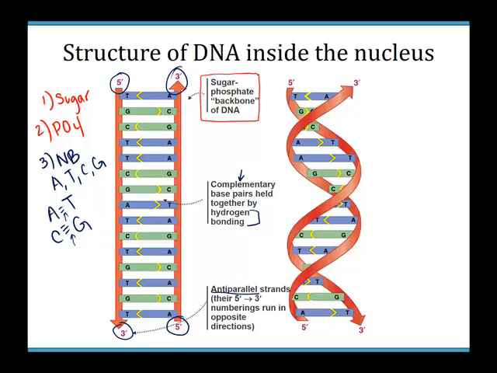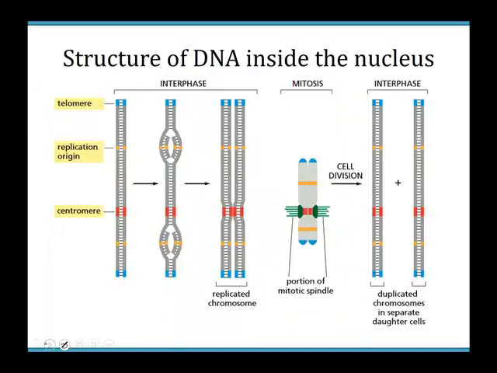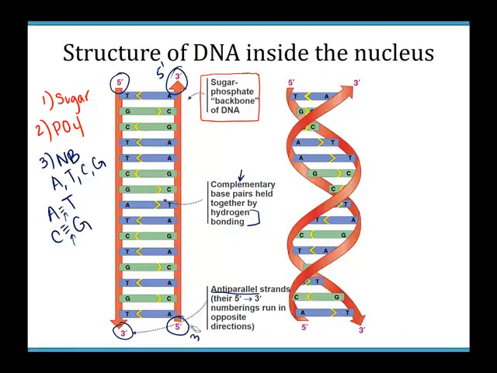If it were parallel, there'd be a 5 up here and a 3 down here, but it's not parallel. And again, this is due to how the hydrogen bonds have to match up. We have to have the right angles right here in order to get the nitrogenous bases to properly hydrogen bond, and in order to do that, we have to be anti-parallel.